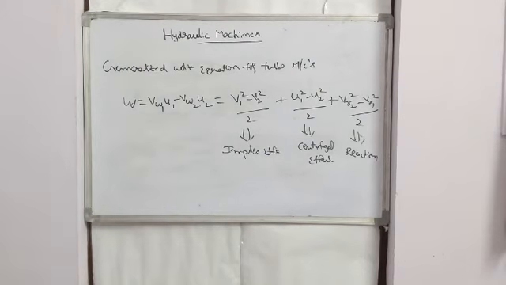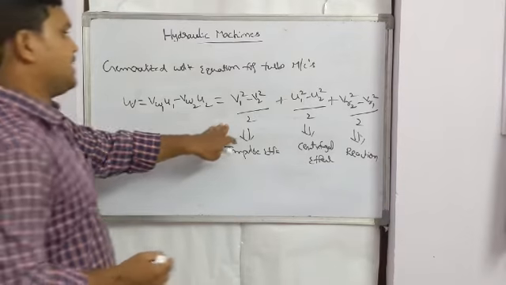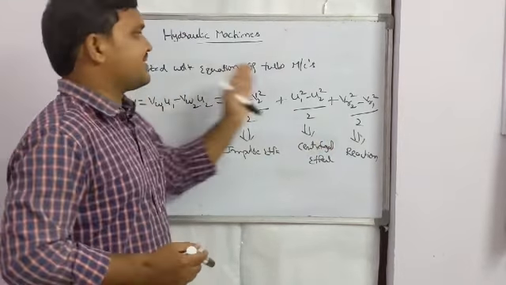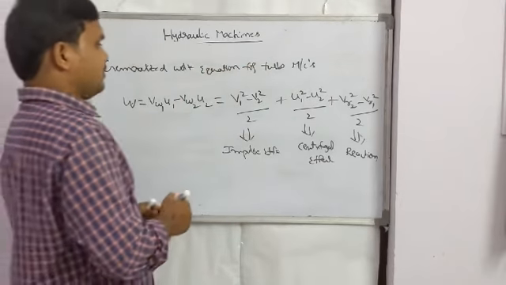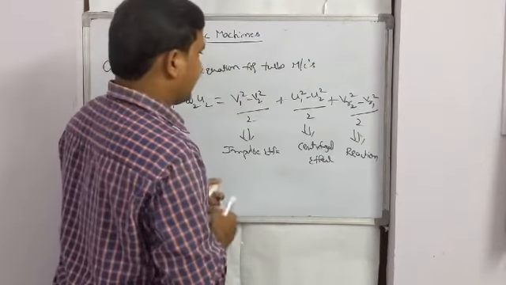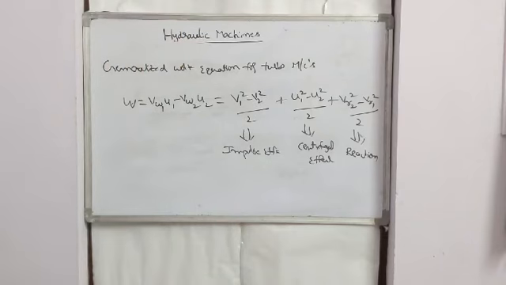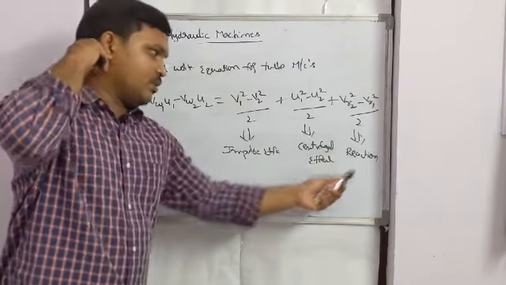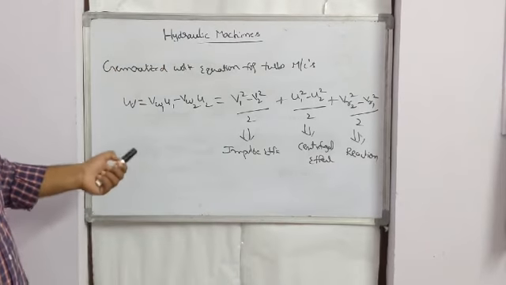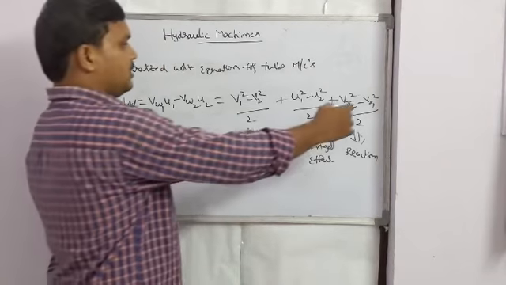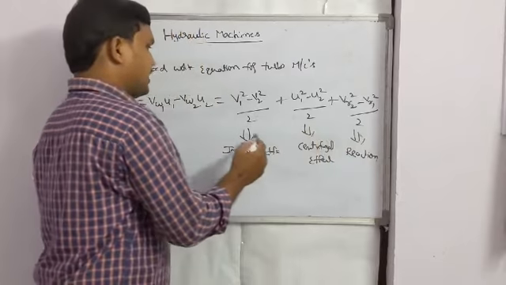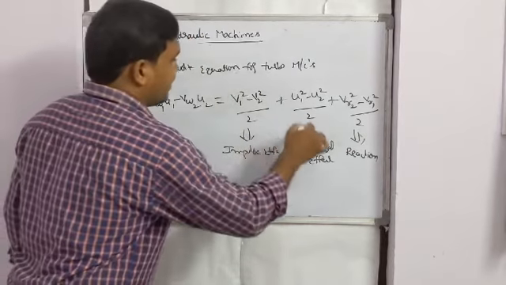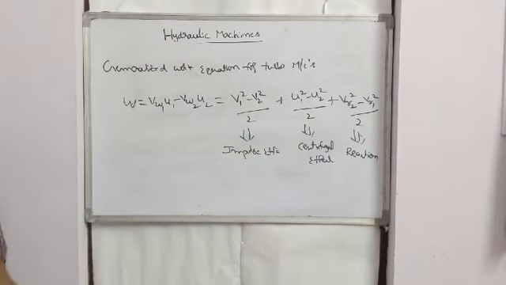All three are not always present in the same machine. For example, in the Pelton wheel only the impulse effect is there, with no centrifugal effect and no reaction effect. In reaction turbines, the reaction and centrifugal effects are there, and the impulse effect may or may not be there.